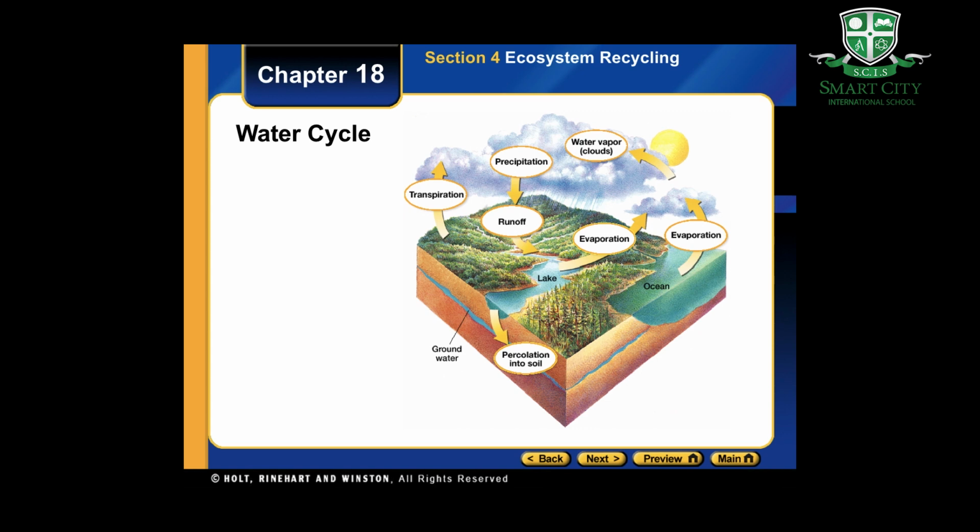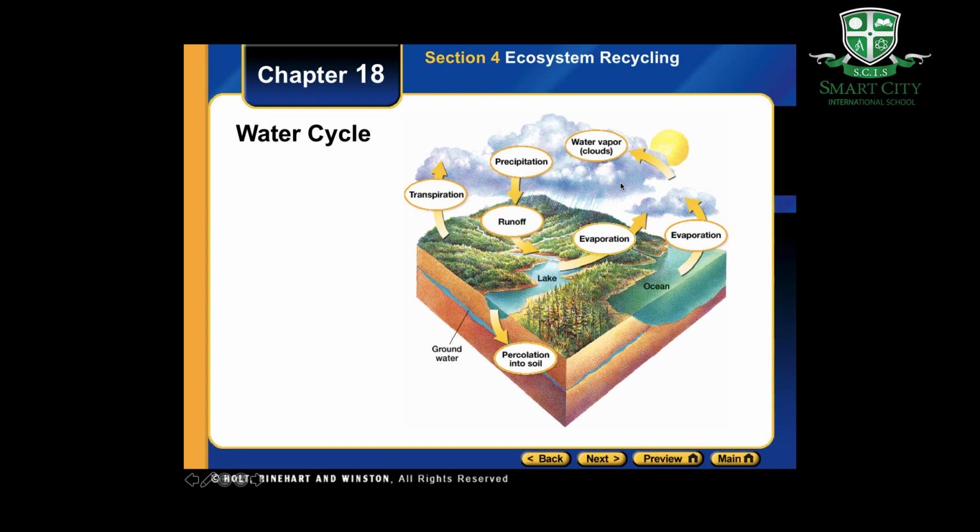So the water cycle starts when the water bodies, which are the water on the earth, start to evaporate. Evaporate means it transforms from liquid water into water vapor. So again, evaporation is when the liquid water from the water bodies transforms to water vapor as clouds.